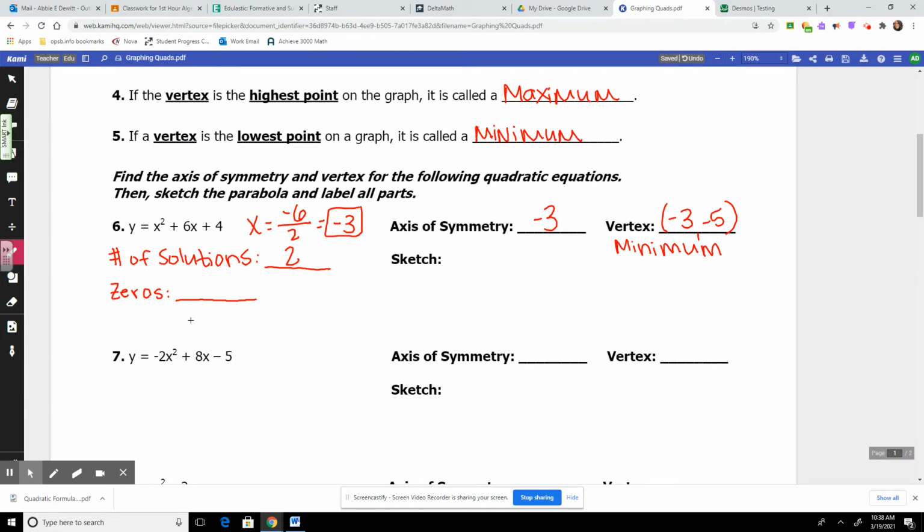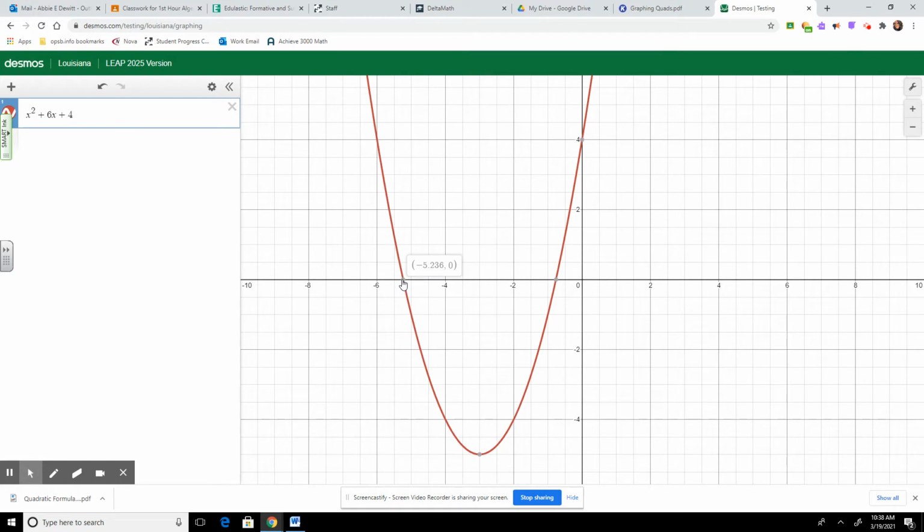What are your zeros? Well, my zeros are going to be where x equals, let's go over here to the graph, where x equals -5.236 and x equals -0.764. Those are my 2 solutions where this graph touches or crosses the x-axis.